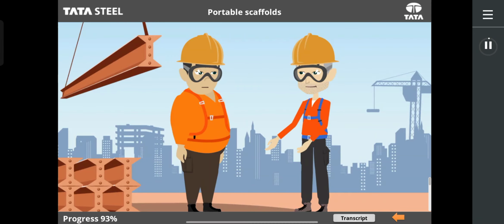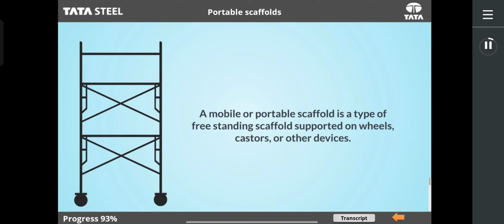Moving on, let us learn about the portable scaffolds. A mobile or portable scaffold is a type of freestanding scaffold supported on wheels, casters, or other devices for ease of movement on a firm level supporting structure.